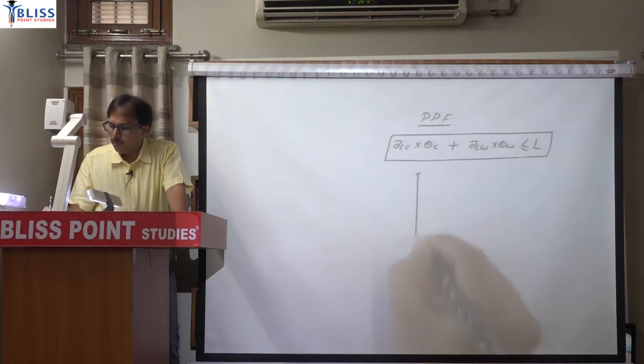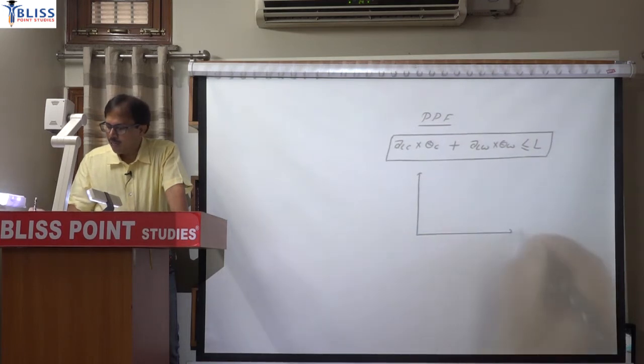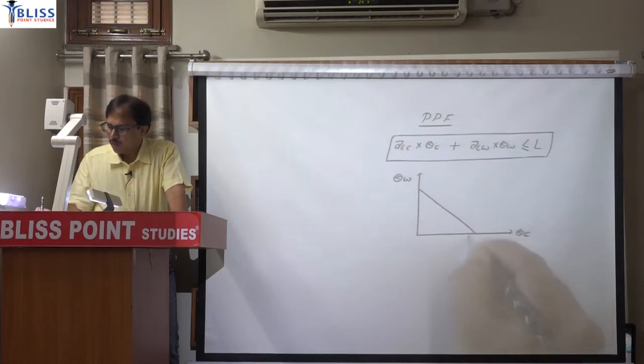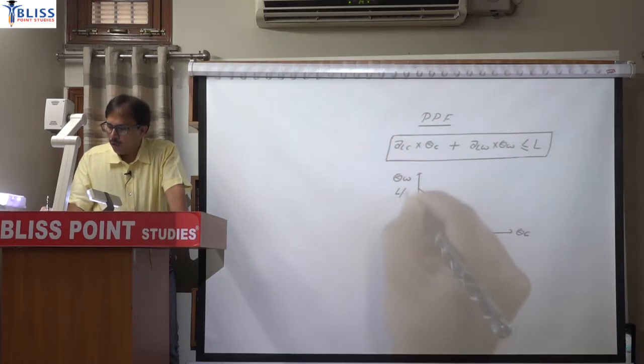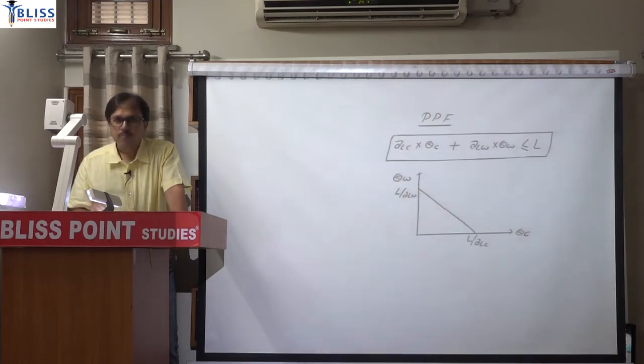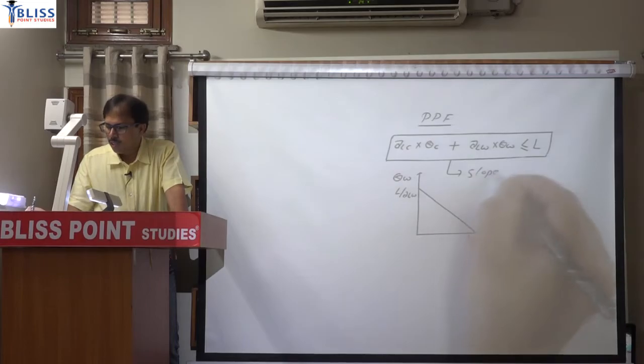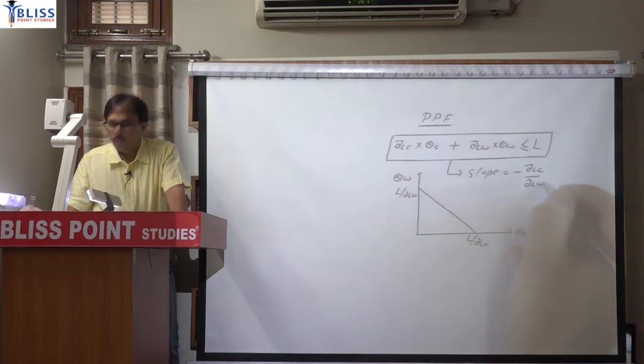And when you plot it graphically by writing here quantity of cheese and here quantity of wine, then this lower intercept is L upon ALC, this is L upon ALW, and if you calculate the slope from this line, then this will be minus ALC upon ALW.